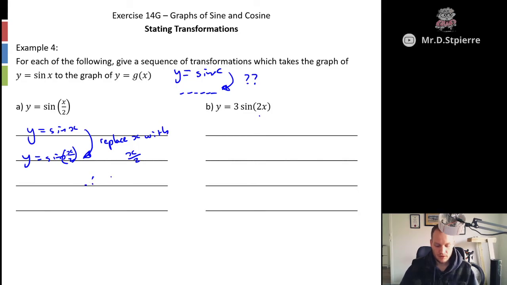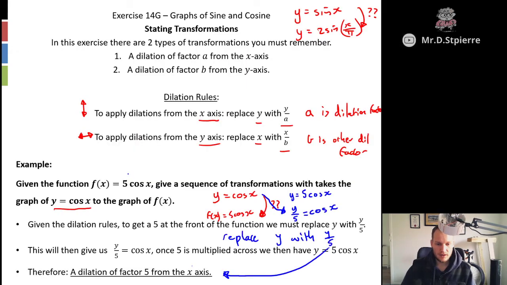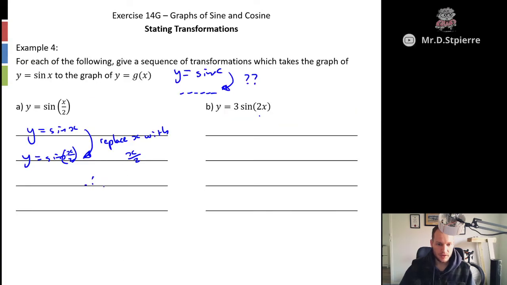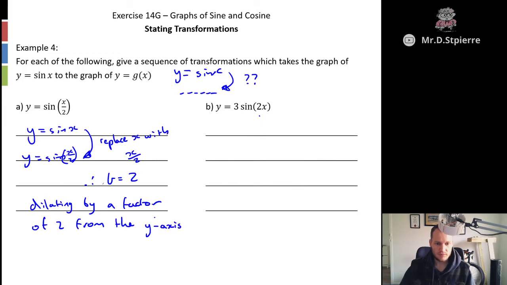Therefore, in this case, we're replacing x, so that's our b, so b is equal to 2. So we are dilating by a factor of 2 from the y-axis. Okay. So the x value is being changed, which means we're stretching away from the y-axis.